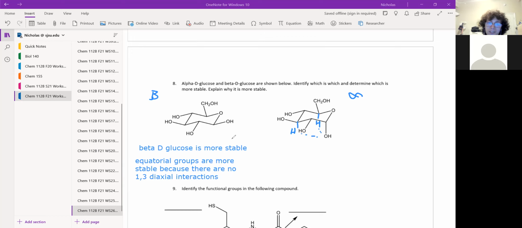And this is good review because it's possible you could be asked a question about just a regular chair conformation cyclohexane, with no oxygen, no sugars, just a cyclohexane by itself. You saw this before in 112A. And maybe he could ask you which one of these is more stable, the one on the left or the one on the right, and you should be able to answer this too, just like you can explain why beta glucose is more stable than alpha glucose.